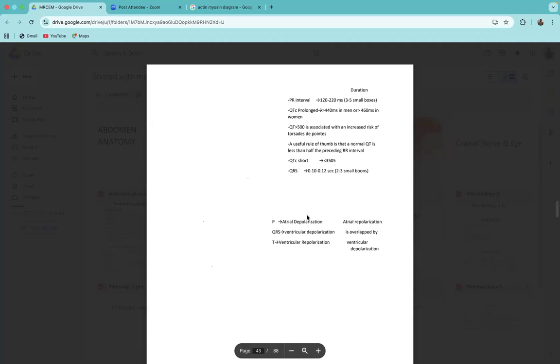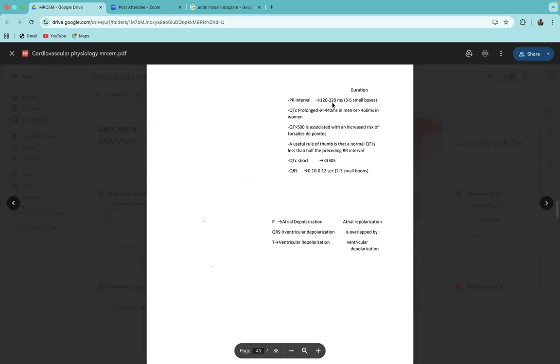So if we are to know about the exact duration, the PR interval is 120 to 220 milliseconds. That is basically 3 to 5 small boxes in an ECG graph or ECG paper. QT prolongation, we can say QT is prolonged in men when it is more than 440, in women when it is more than 460, right?